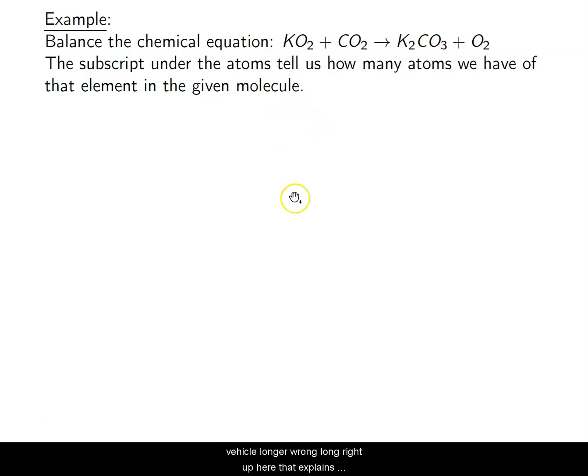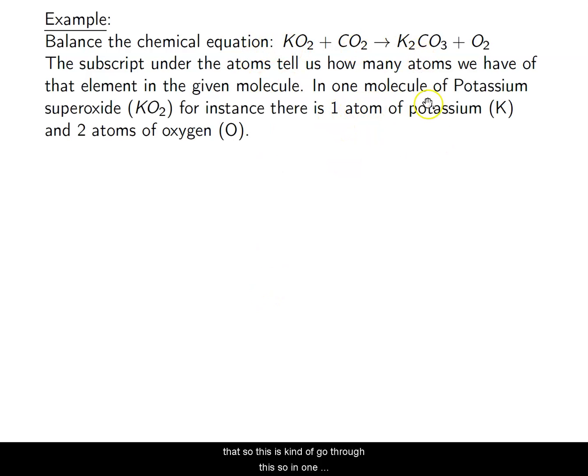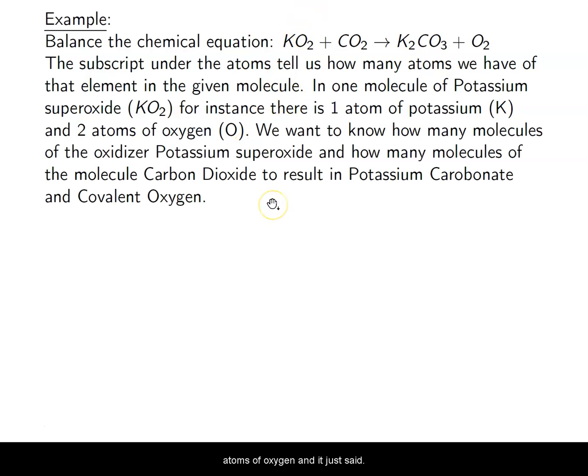I have a big old long write-up here that explains that, so let's just kind of go through this. So in 1 molecule of potassium superoxide, right, that's this one, there is 1 atom of potassium, the K, and 2 atoms of oxygen, as I just said.